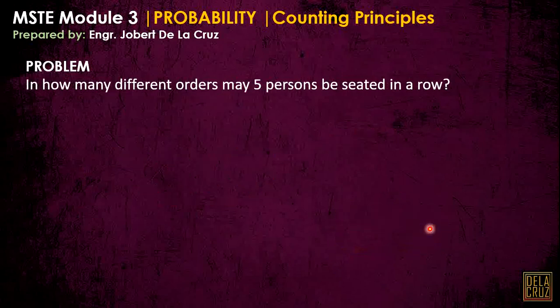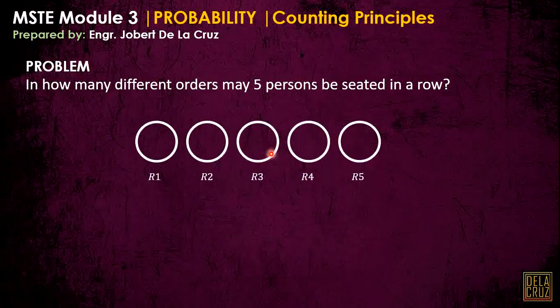Let's try another example. In how many ways or how many different orders may 5 persons be seated in a row? Okay. So, dito, we have 5 persons na pagpipilian na ipapasit natin sa row. Okay. Our sample spaces will be our row. I will call this row 1, 2, 3, until 5. Okay, so in this case, the rows are not identical or iba-iba talaga yan. Of course, in this position, hindi natin pwedeng i-transfer yan sa kabila.